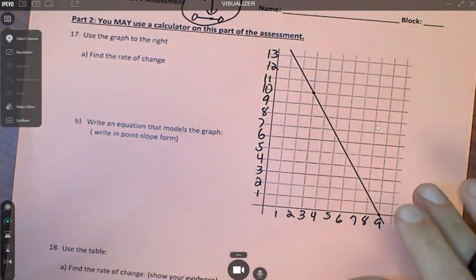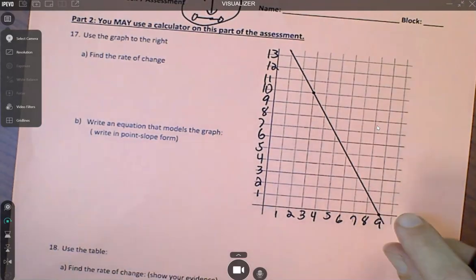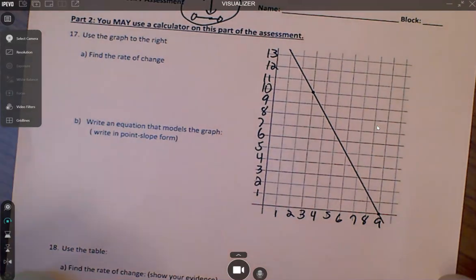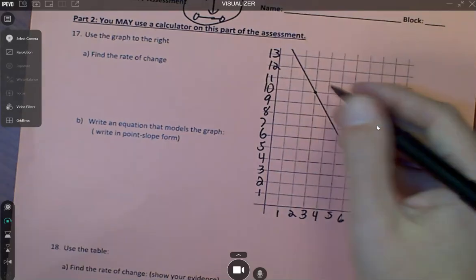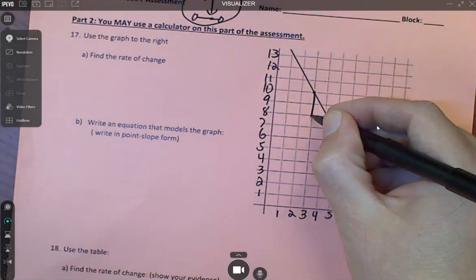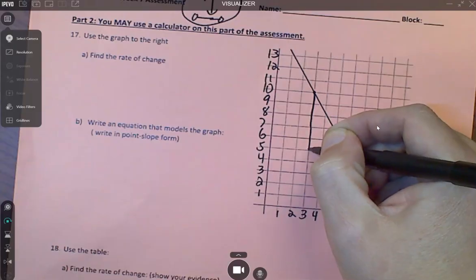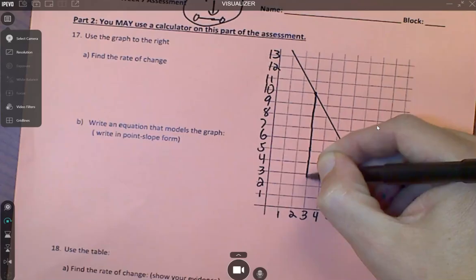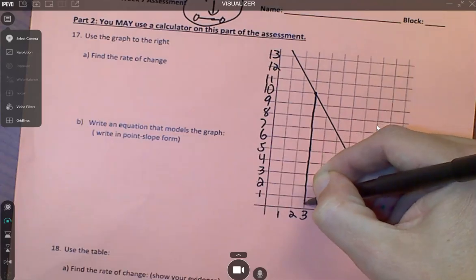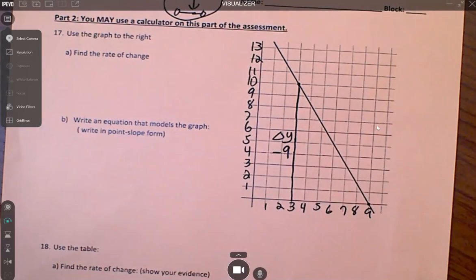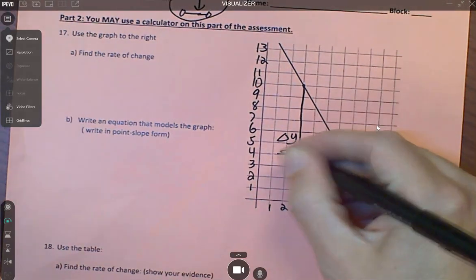Okay, the number one wrong answer here was 10 over 3. Okay, so how do we find slope? Well, we fall down. 1, 2, 3, 4, 5, negative 6, negative 7, negative 8, negative 9, negative 10. So the change in y, it went down 10.